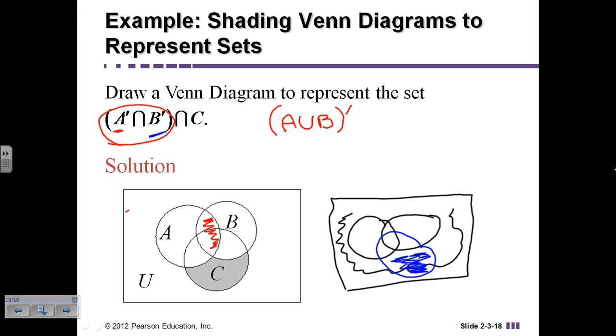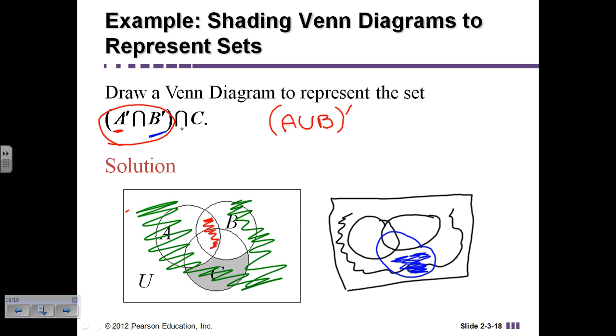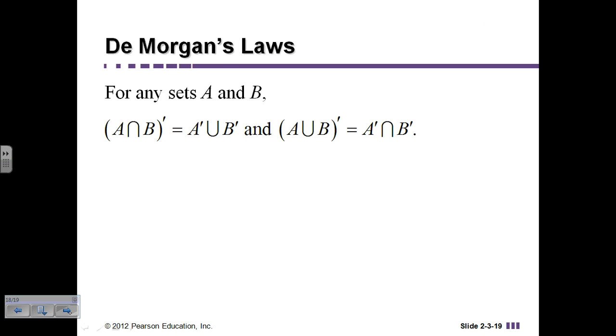So the complement of that would be this part of the graph over here in green. And then if we intersect with C, where does the green overlap with C? Let's do blue on that color. The green overlaps right down here. So again, that's using De Morgan's law.